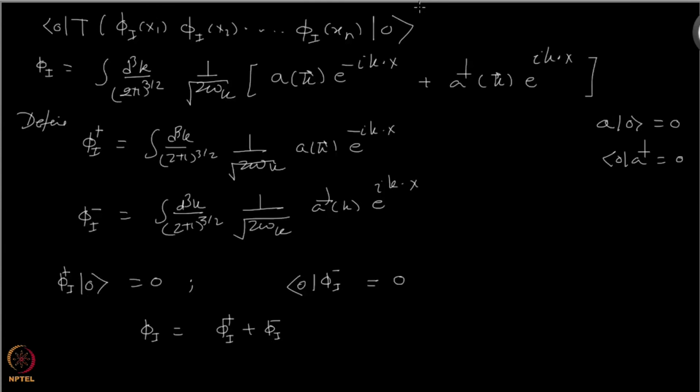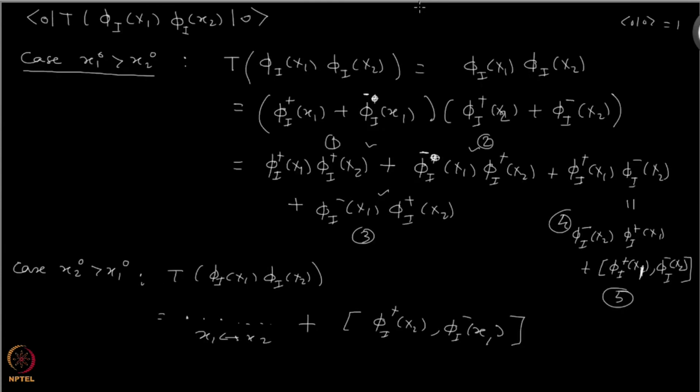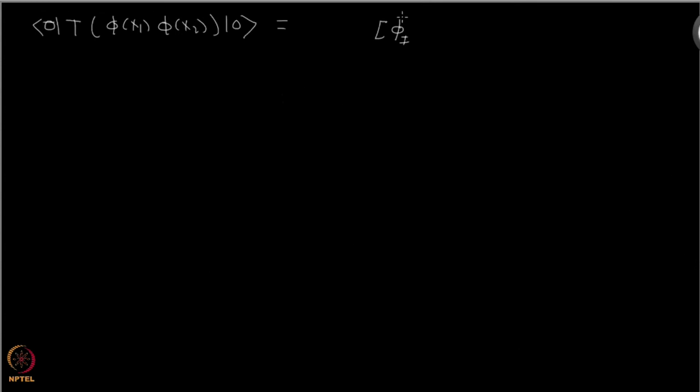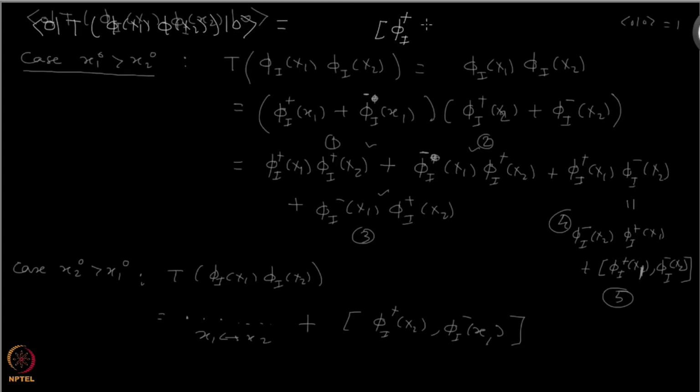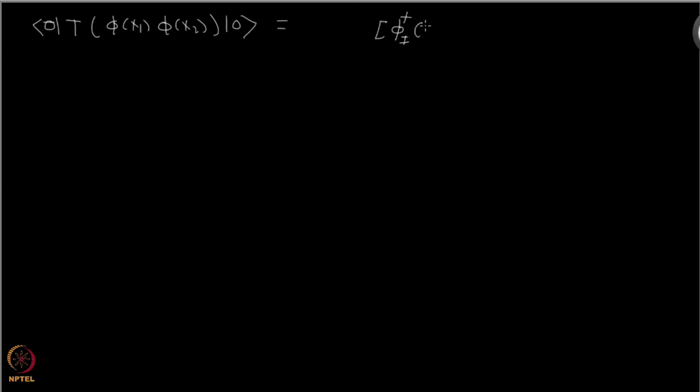So let me write down the result. So the result will be the following. So the first term was, let's go back, phi I plus, hope it's correct, yes, and the one with the larger time argument, phi I minus with the smaller time argument.